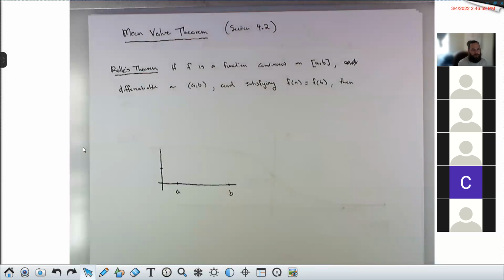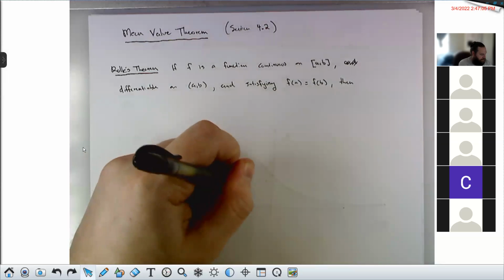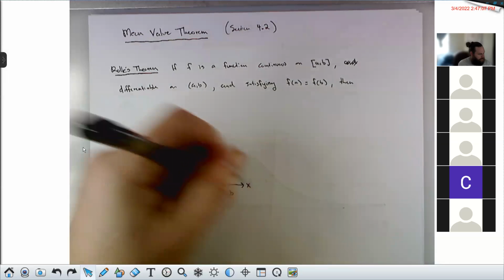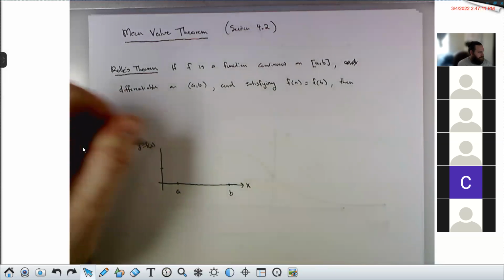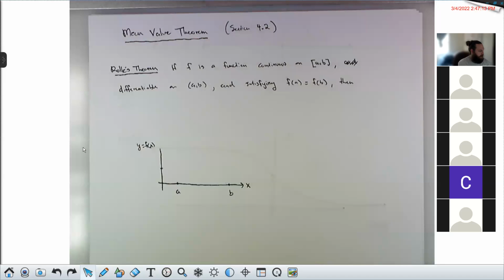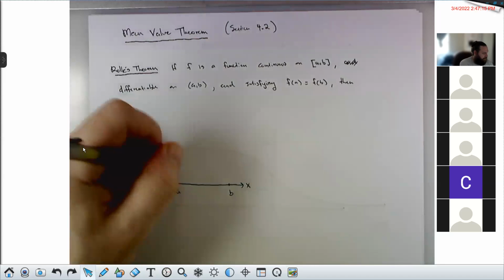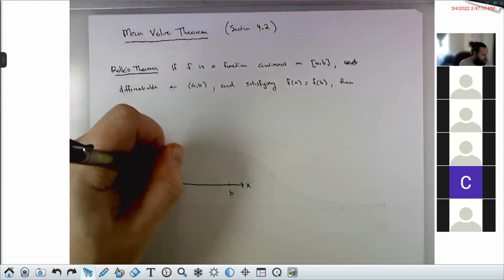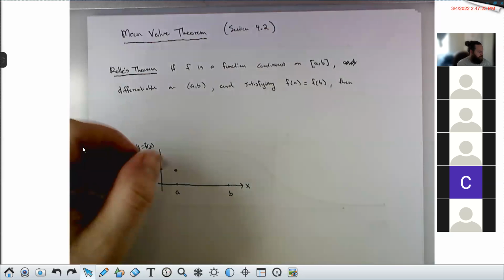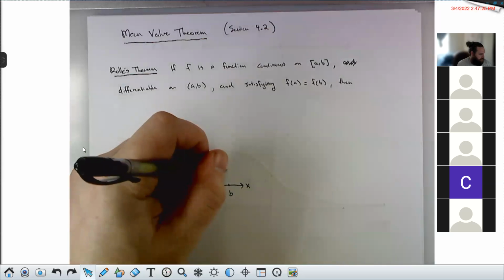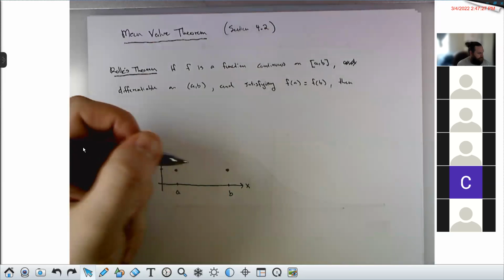Okay, so here I have some coordinate axes, and I've just labeled numbers on the x-axis as a and b. I'm thinking about the graph of some function living in here. And let me go ahead and say that the f of a is this y value. And one of the hypotheses of the theorem is that f of a is equal to f of b. That means that this is at the same height.